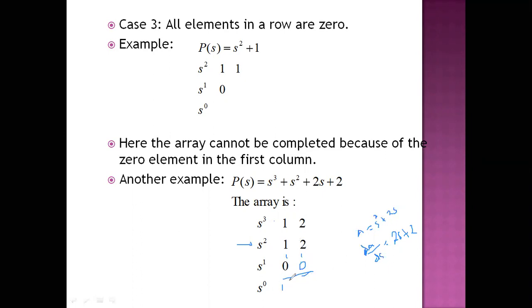After that, you have to check for the stability. The first column, all the elements are positive and greater than 0. If all the elements are 0 in a row, the system will be marginally stable.